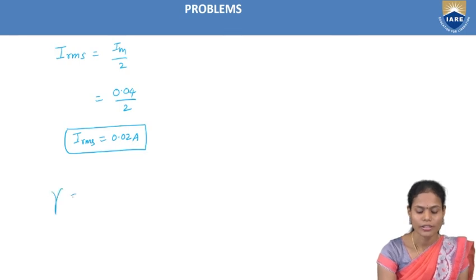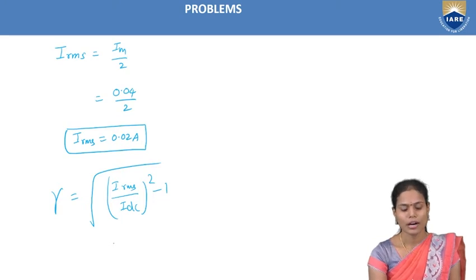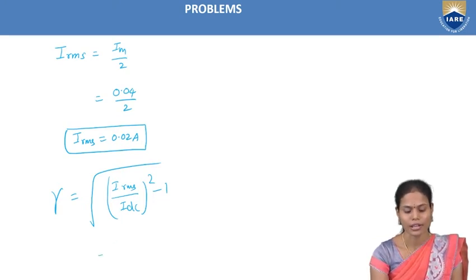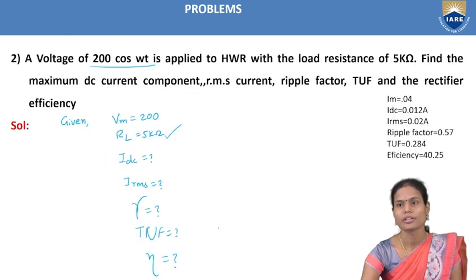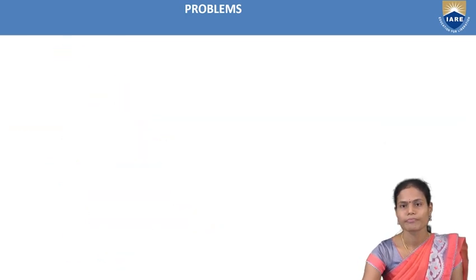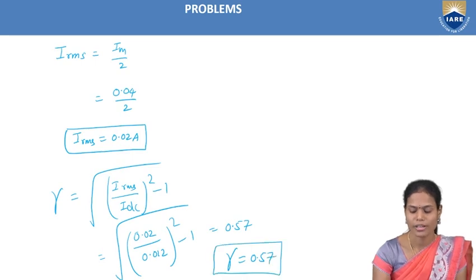The ripple factor we can calculate as the square root of (IRMS by IDC) whole square minus 1. So here we have the RMS value as well as the IDC value. RMS value is 0.02 divided by IDC value 0.012. If we simplify this one, we will get 0.57. So the ripple factor from the given parameters is 0.57 here.